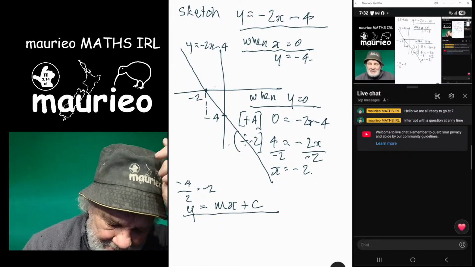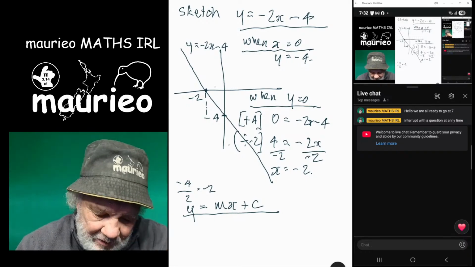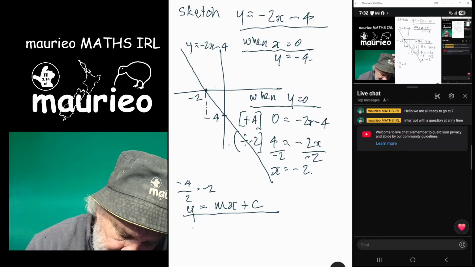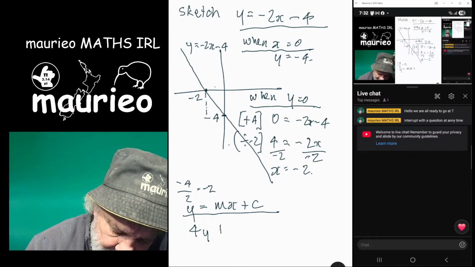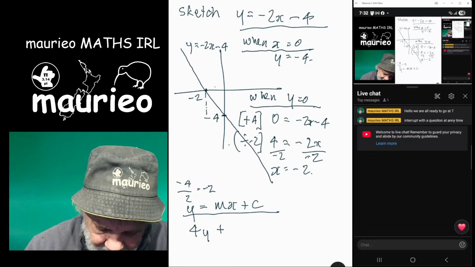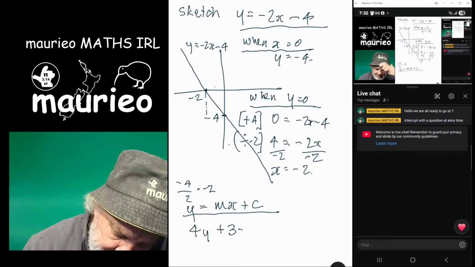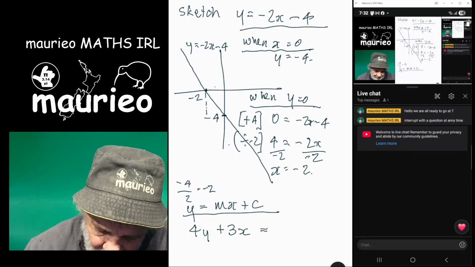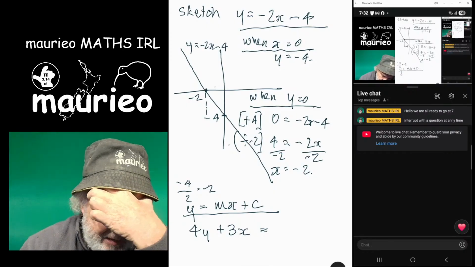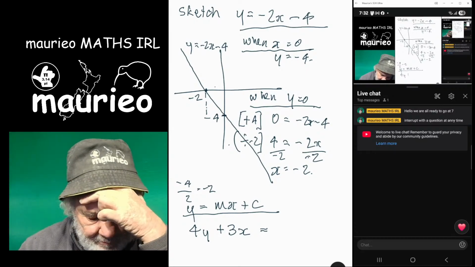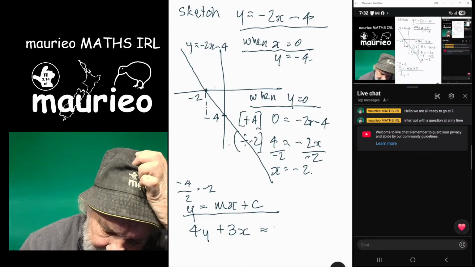So we could have, like, 4y plus 3x equals 20.